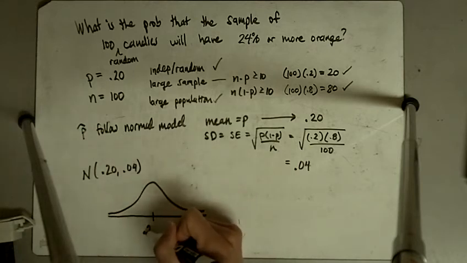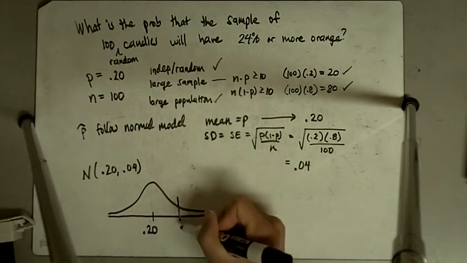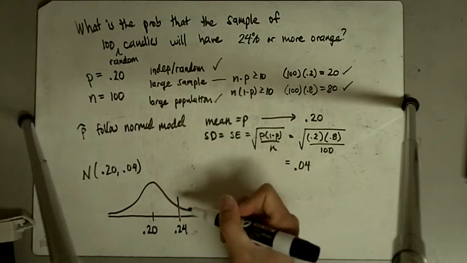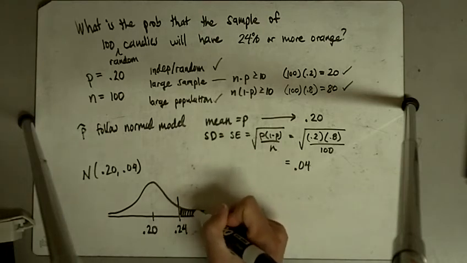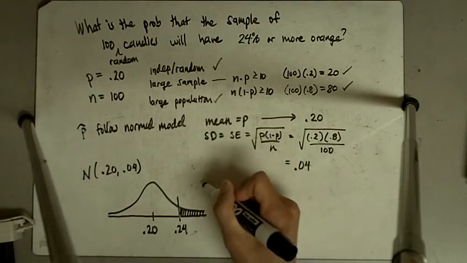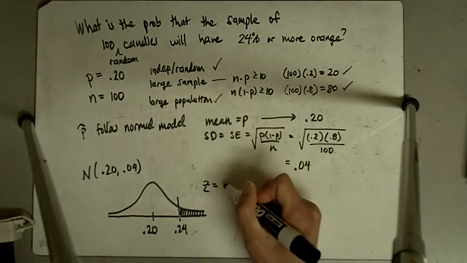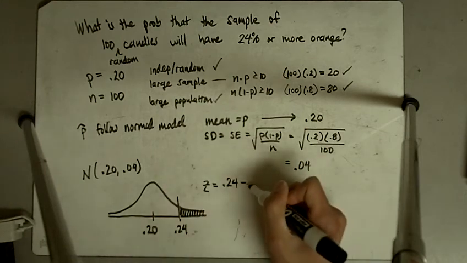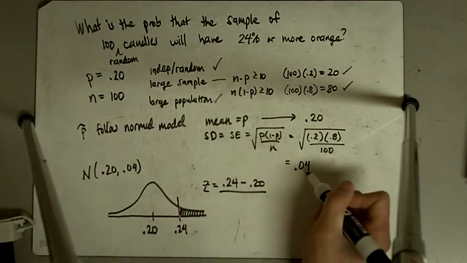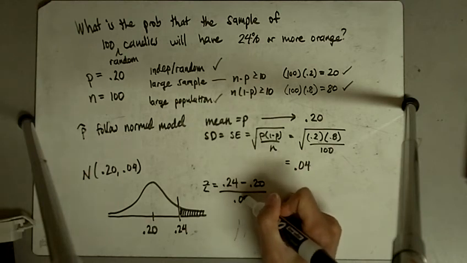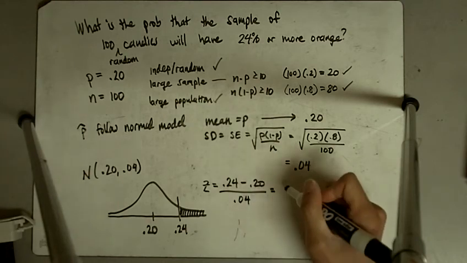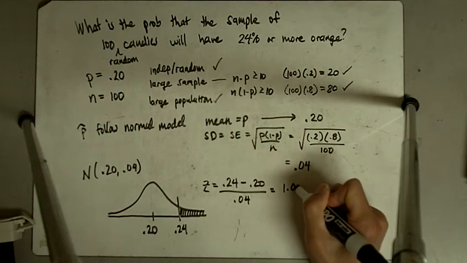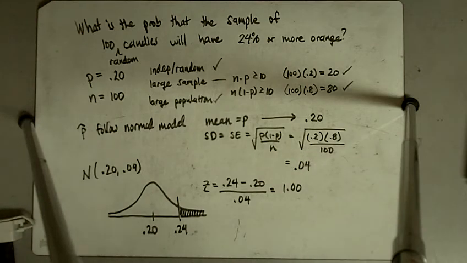In the center, I've got 0.20, and I'm drawing a cutoff line at 0.24, and I'm looking at 0.24 or more. My z-score is going to be the cutoff, 0.24, minus the mean, 0.20, divided by the standard deviation, 0.04. This gives me a z-score of 1.00.